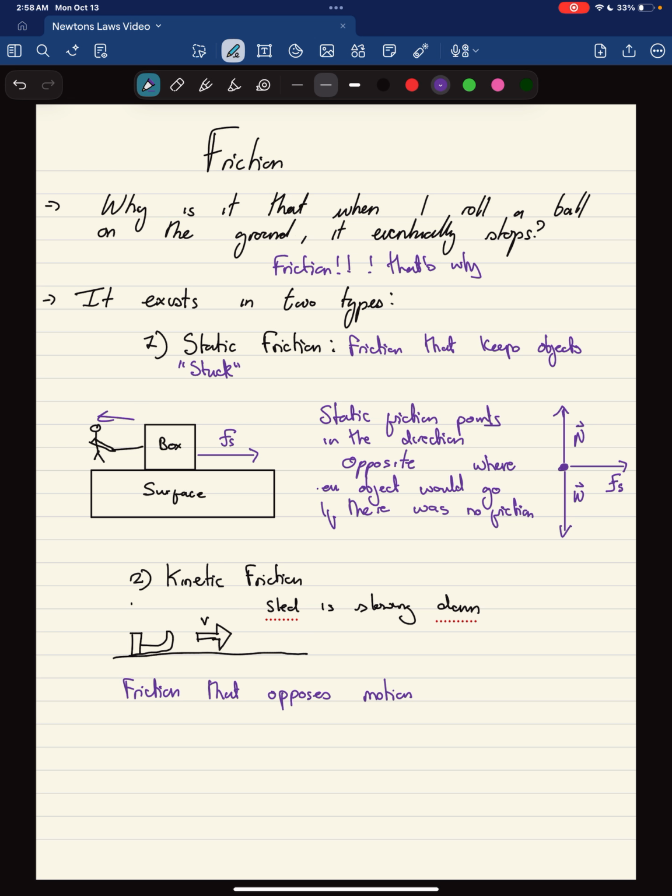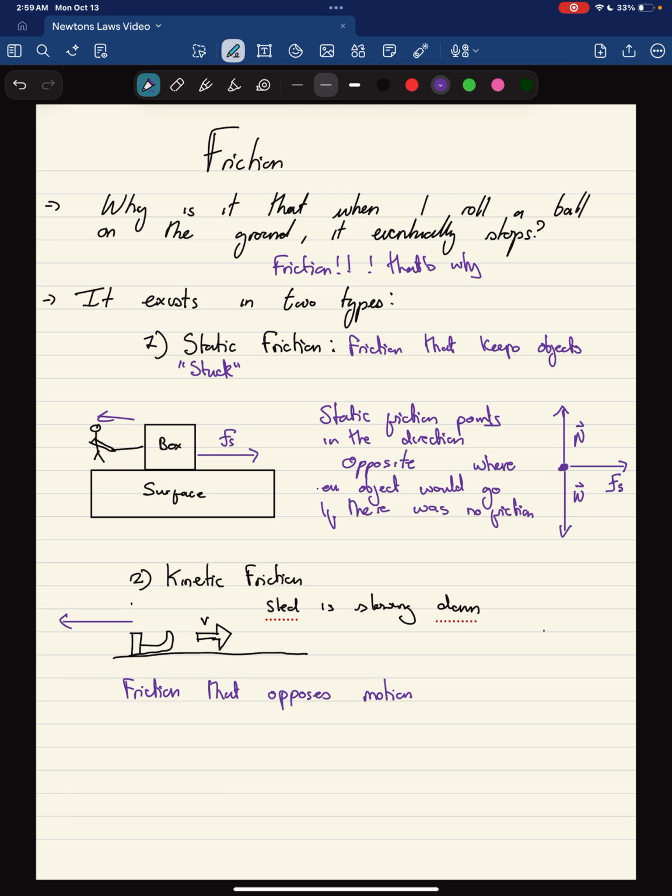What direction does it point at? Kinetic friction just points in the direction that opposes motion. So if my sled was going to the right, my kinetic friction vector will point to the left.